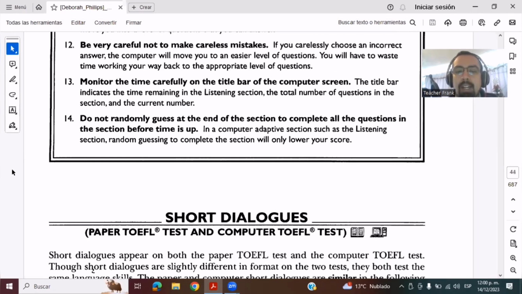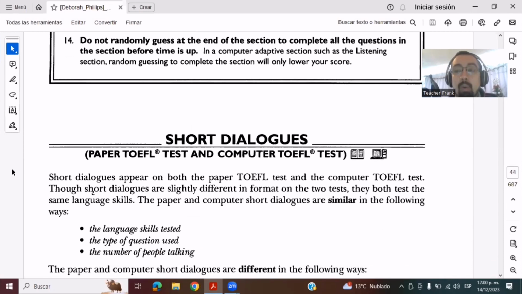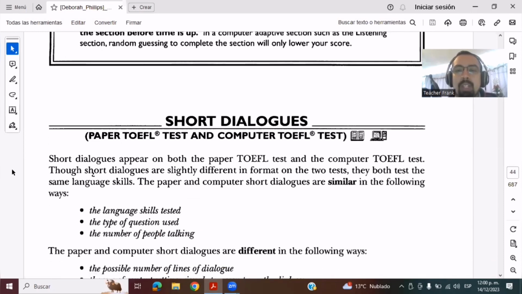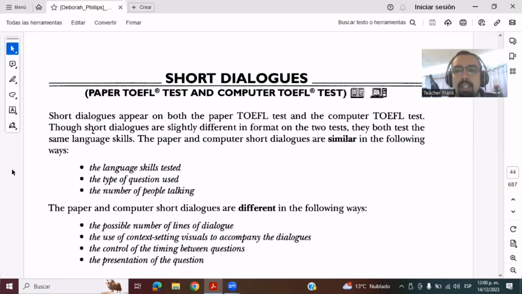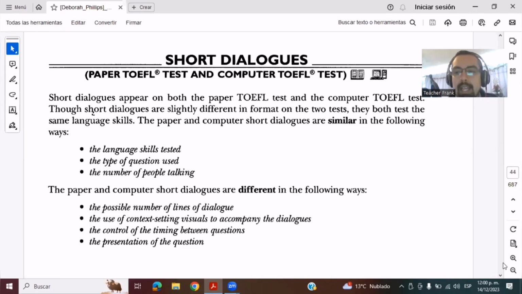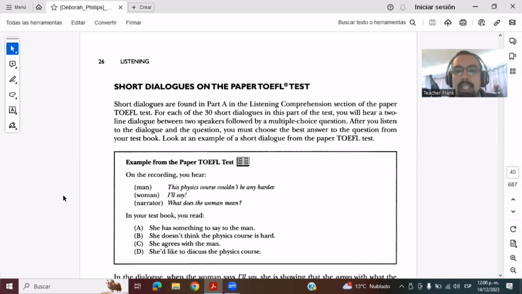Okay, and here we're going to start with the short dialogues, which we're really going to get into once we start with skill 1. So this basically has the information for part A of the test.